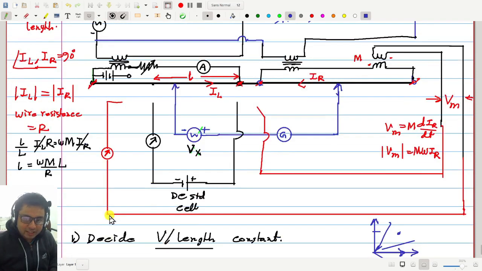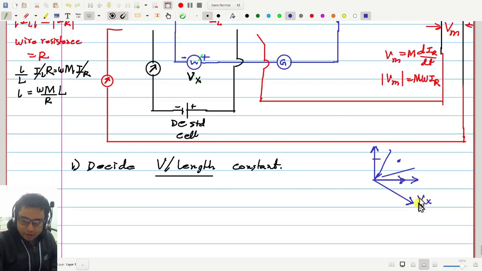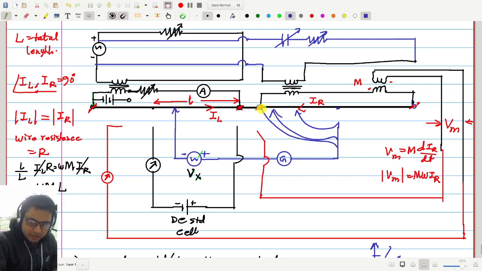Similarly, what will happen here? If this unknown is not in the desired quadrant, then you will find we are getting some deflection here. Then if we bring it towards 0, we are getting lesser deflection, here even less, but this is still not 0.